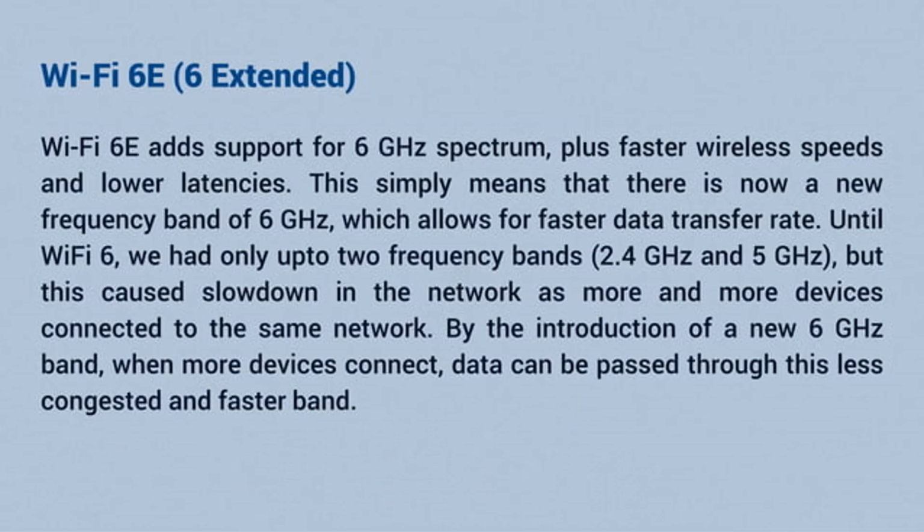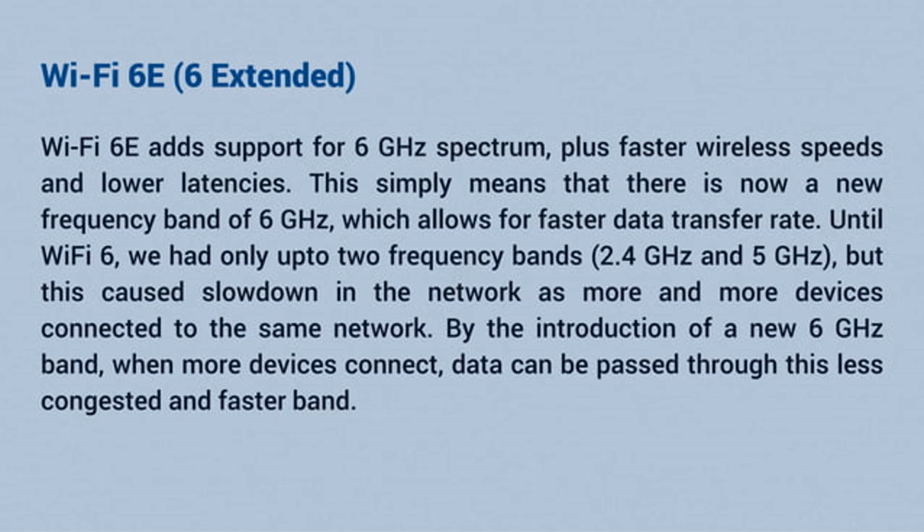And the last one is Wi-Fi 6E, that is 6 extended. Wi-Fi 6E adds support for the 6 GHz spectrum plus faster wireless speeds and lower latencies. This simply means that there is now a new frequency band of 6 GHz, which allows for a faster data transfer rate.